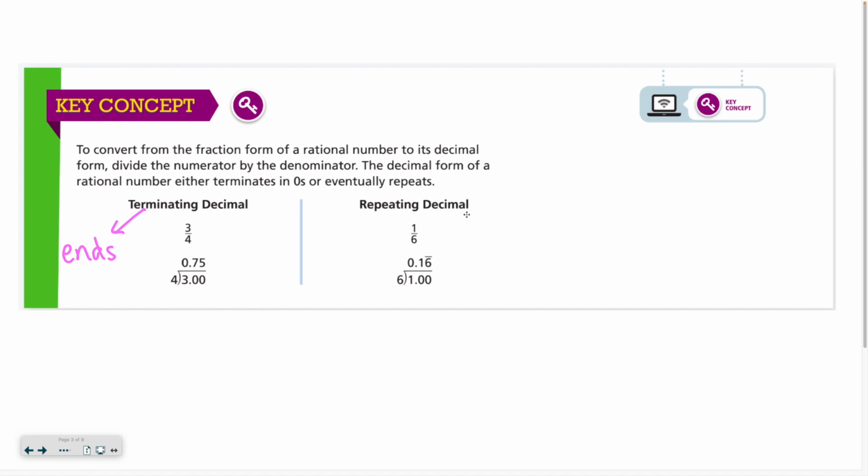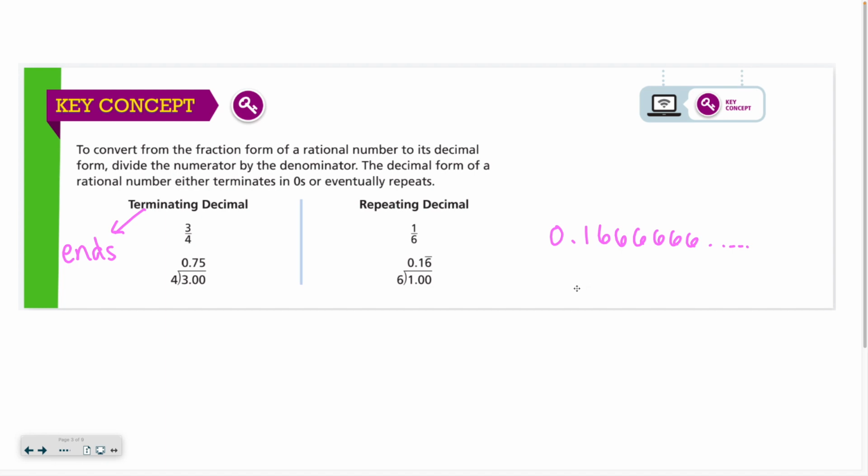Then a repeating decimal is when, like in this case, if you were to type 1/6 into a calculator or use long division to calculate it, you would get 0.166666666, and then your calculator would eventually cut it off because your calculator is not powerful enough to just keep going on forever and ever.